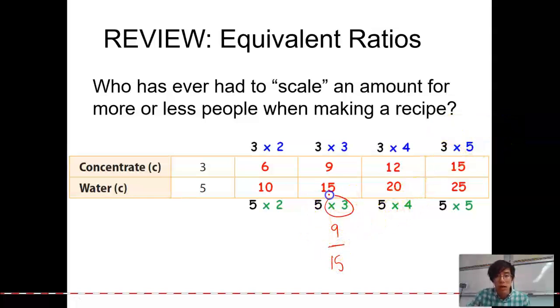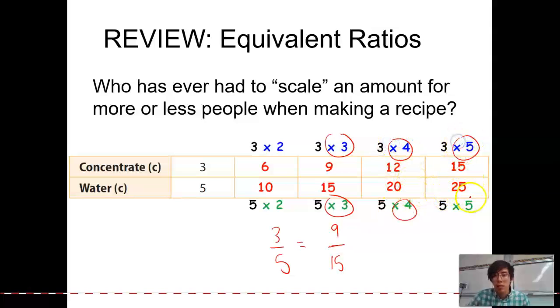You just multiply it times 3, right? So 3/5 equals 9/15, right? Same thing for 12/20, right? You multiply everything, top and bottom, by times 4.